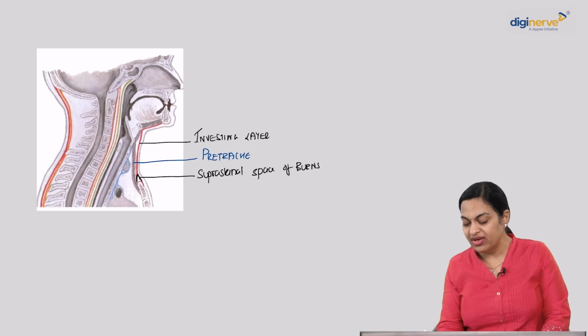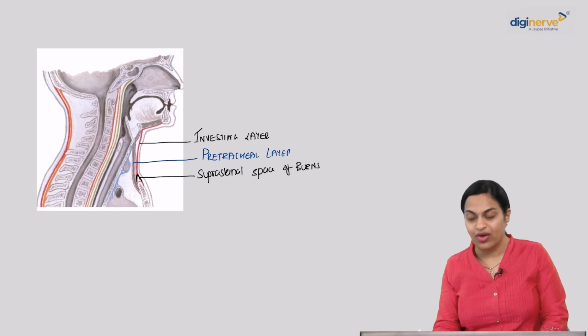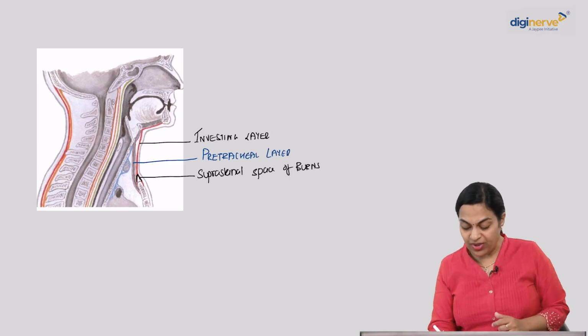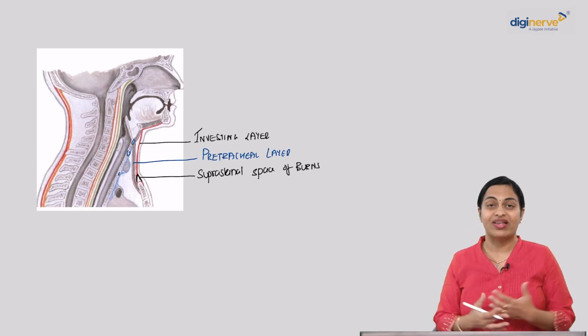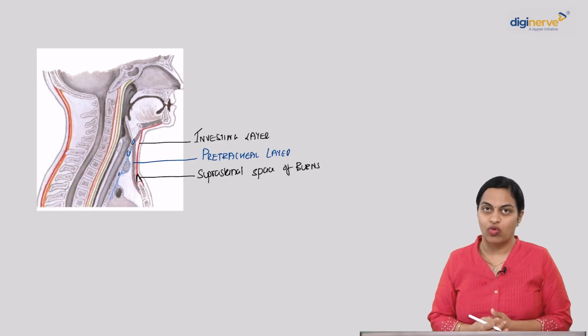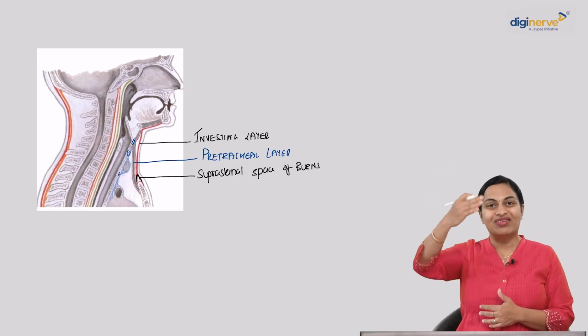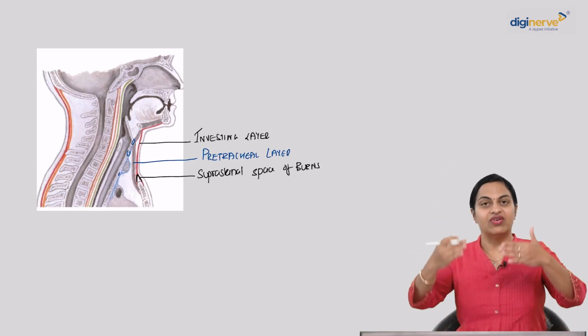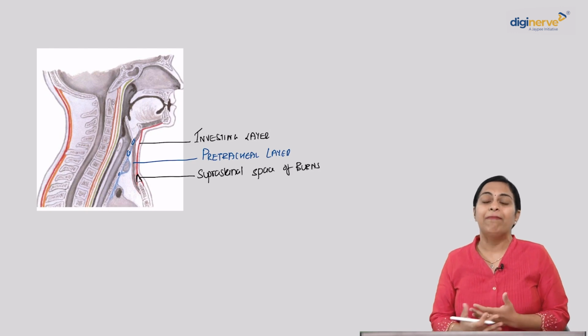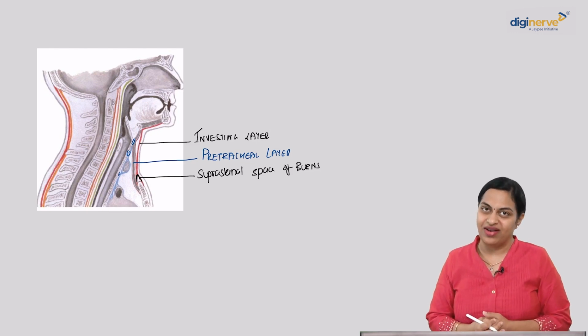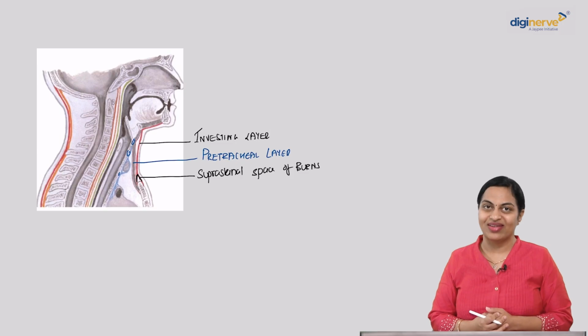This pretracheal layer we saw, it encloses the thyroid gland. If you trace it up, it attaches to the hyoid, to the thyroid, and also sends extensions to the cricoid cartilage. And if we trace it further downwards, it will cover the anterior surface of the trachea and then merges with the apex of the fibrous pericardium. Okay, pretracheal layer.